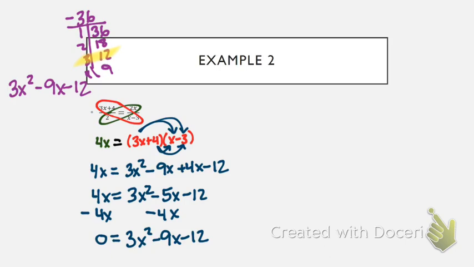And since the 9 is negative, I know that 12 is going to be negative. So after we factor this, we get (x minus 4)(3x plus 3).